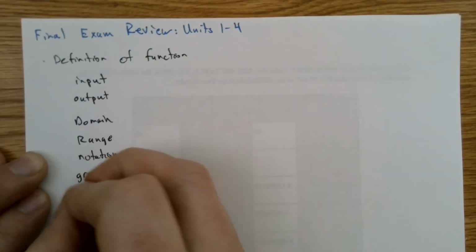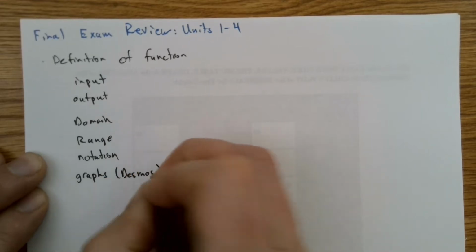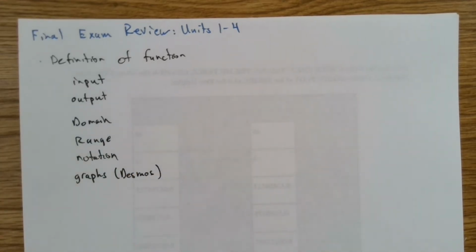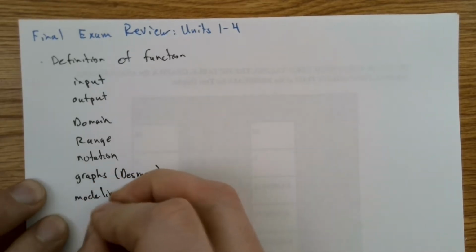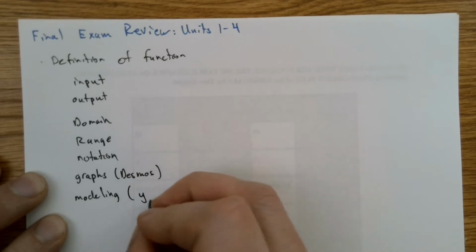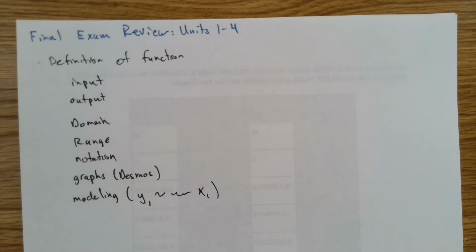What are graphs? How do we get graphs? I'll put in parentheses, definitely Desmos does all that work for you. And the idea of modeling, again, Desmos. You've done 1,000 of these project things, so it's y1 tilde stuff with x1 based on whatever type of function it is.